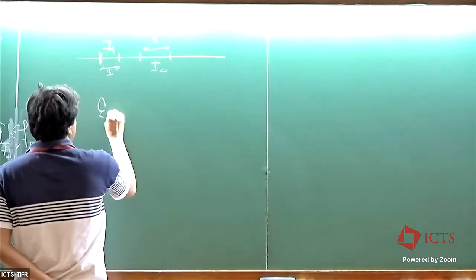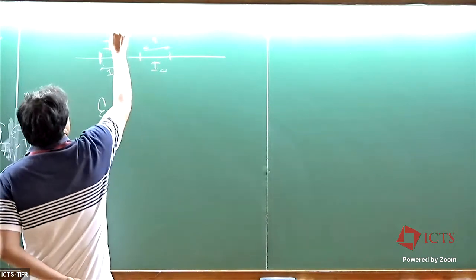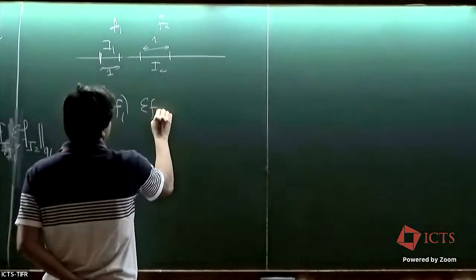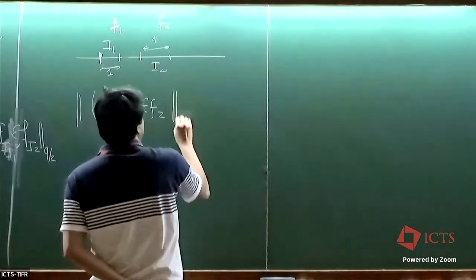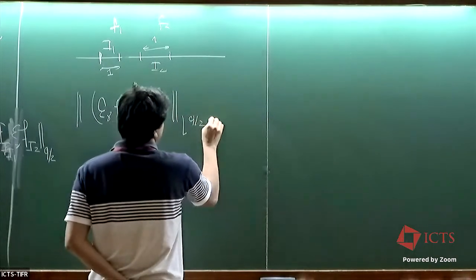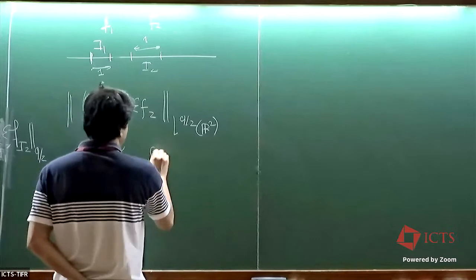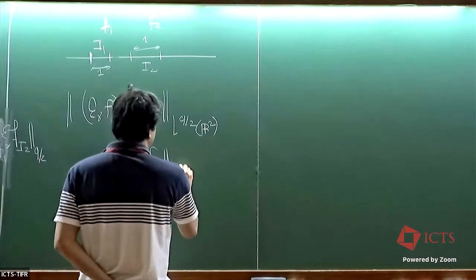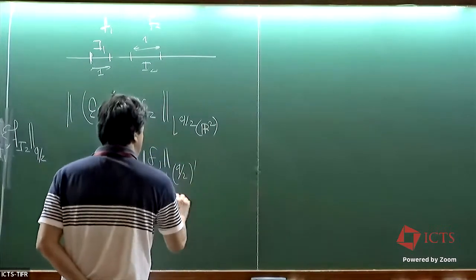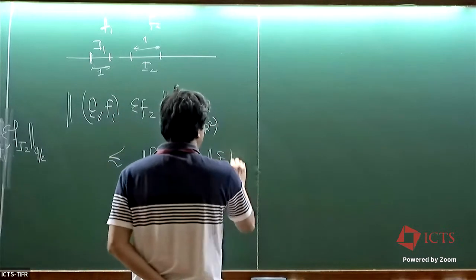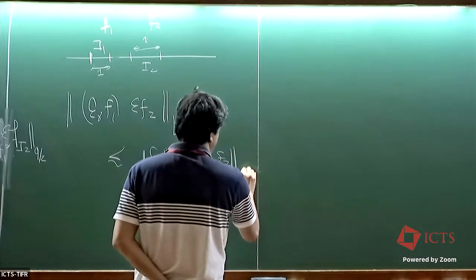Then if you look at the Fourier extension to this, let me call this F1 piece, and this is F2 piece, the extension of gamma F1, F2 in L^(q/2) in R^2 is bounded above by F1 in L^(q/2 prime) in R, this is in R, and F2 in L^(q/2 prime) in R.